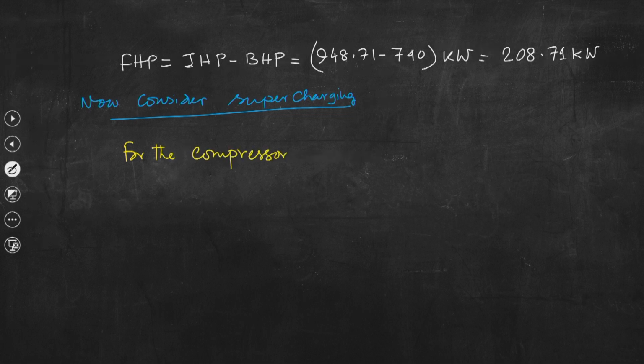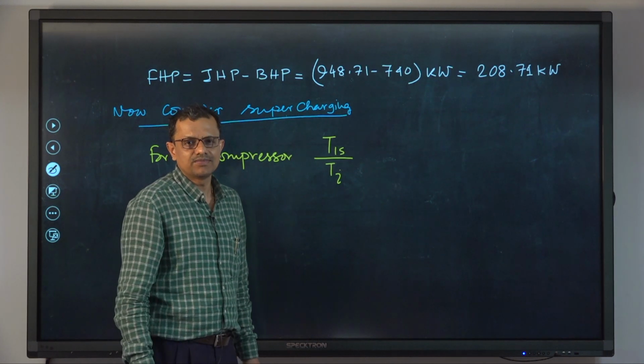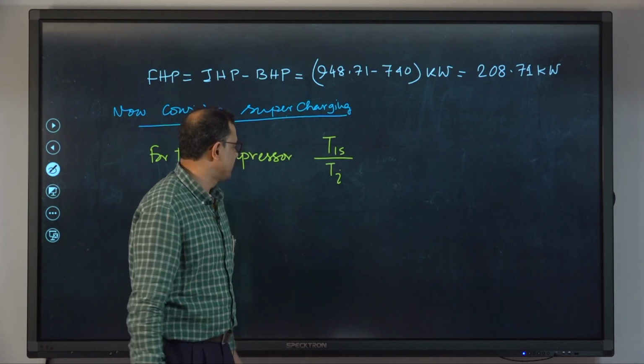we can have this isentropic relation, that is T1s by Ti, where T1s is the temperature at the exit of the compressor following isentropic compression, and subscript i is used to denote the quantities at the inlet of the compressor.